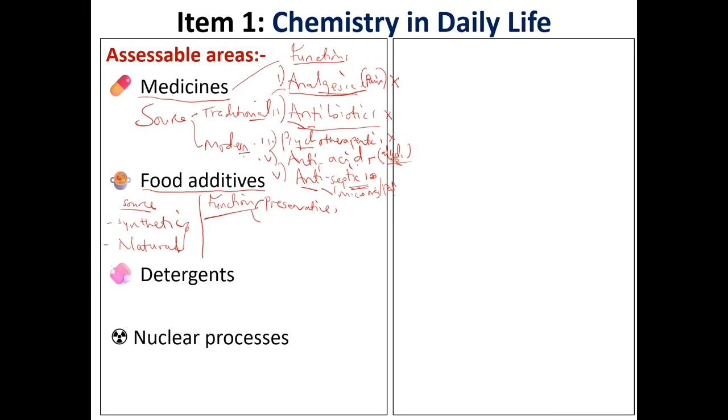So we need a category of food additives called thickeners. Forgive the handwriting, but I believe it is somehow clear. Then we have those which help in adding the sweetness, the taste.